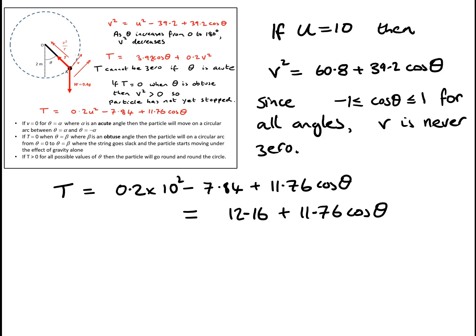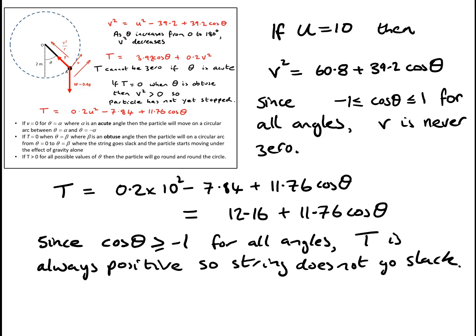And that is always going to be positive, because cos theta is always greater than or equal to minus 1. So t is always positive, which means the tension in the string never becomes 0. In other words, the string does not become slack. So the particle is going to go round the circle, make complete circles around the point O.